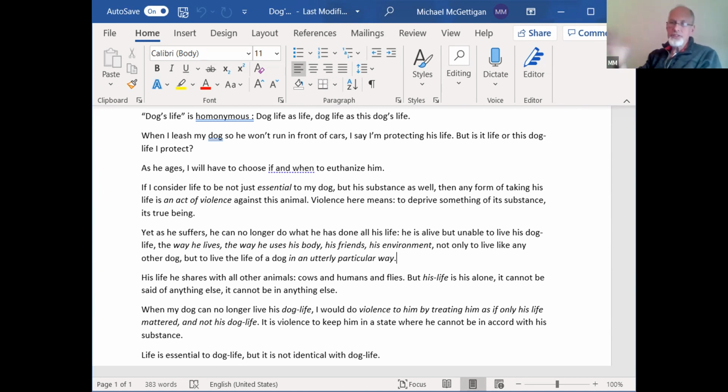I'm worried about this dog's life, and that's why when this dog can no longer live this dog's life and suffers accordingly, that's a different kind of suffering that I'd be doing violence to.